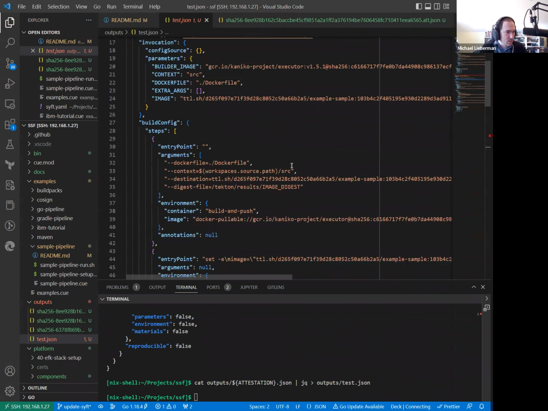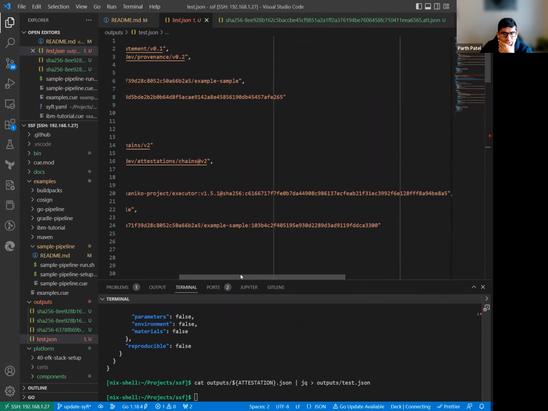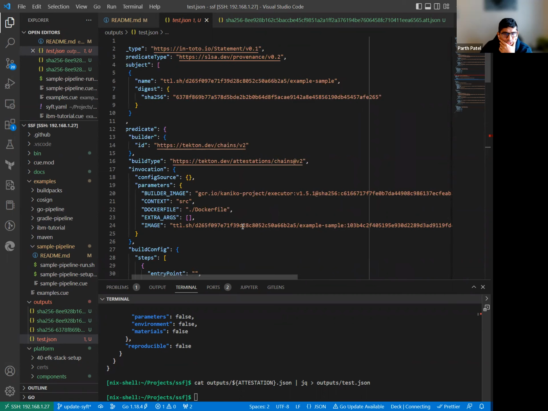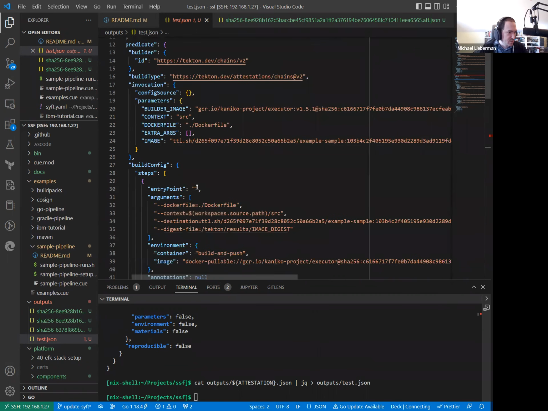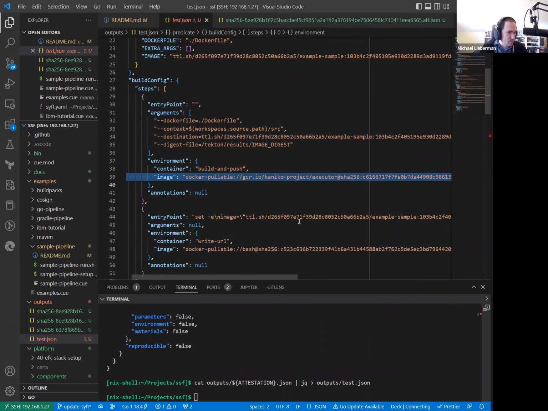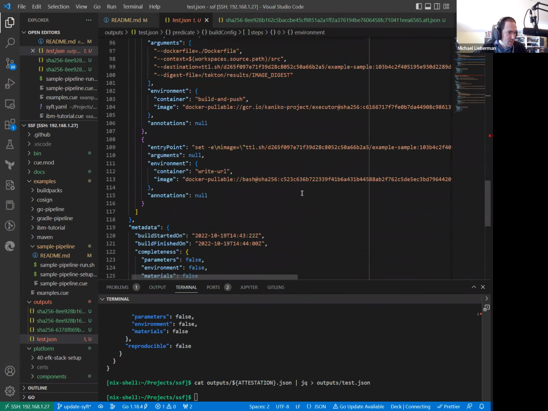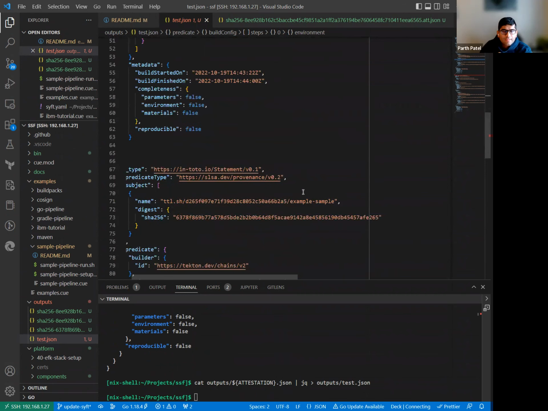This one, I'm not even sure if it's literally the same. I wonder if it's a bug or something. Yeah, I mean, could be. Let's see. This one is destination, build and push, Kaniko. So this one's the Kaniko. Let's see if this one also looks to be Kaniko build. It's the same thing.